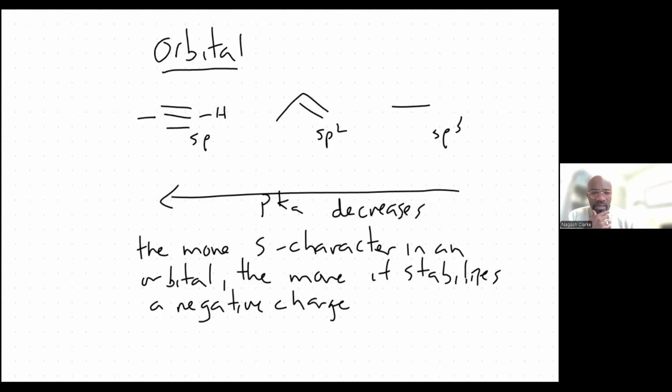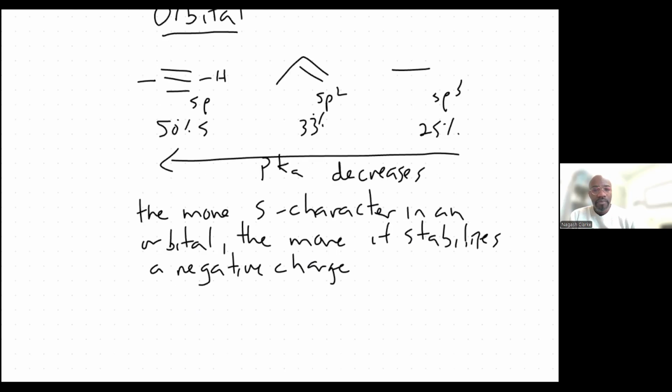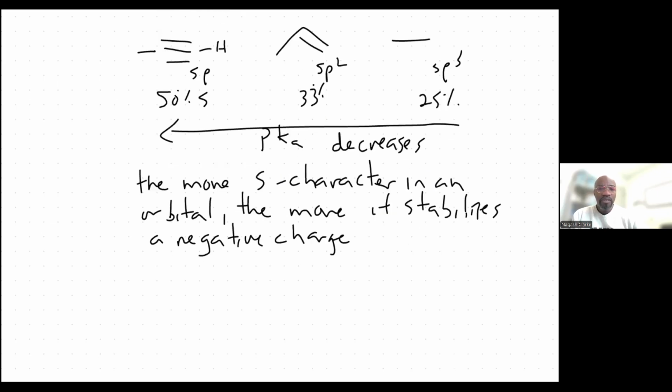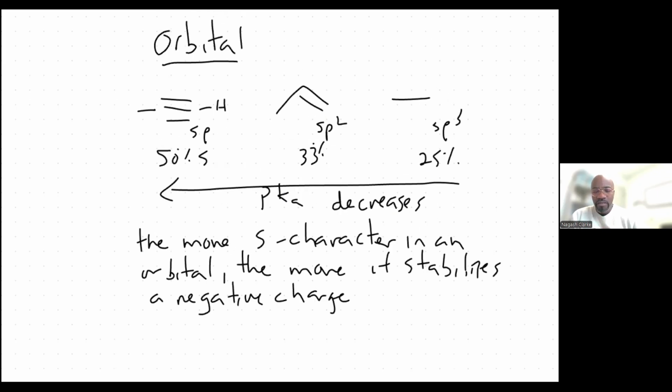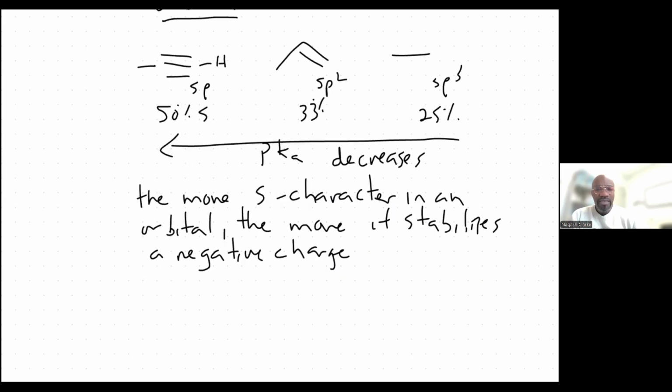So if we look at sp, this is 50% s, a ratio of 1 to 1. This one is about 33% s. And then this one is about 25% s. The s orbital is the closest to the nucleus. So if a charge is in an orbital that has a lot of s character, it's going to be closest to the nucleus and thus more stabilized. So those are the 4 different ways to judge acidity in a qualitative way.